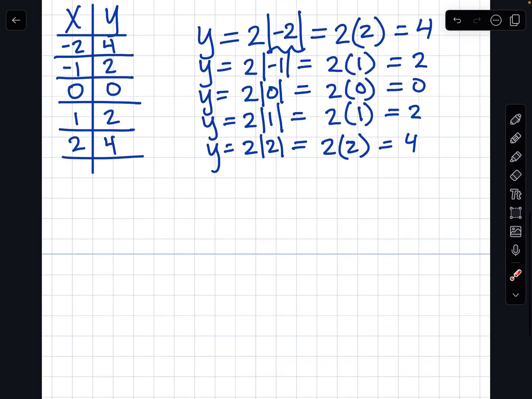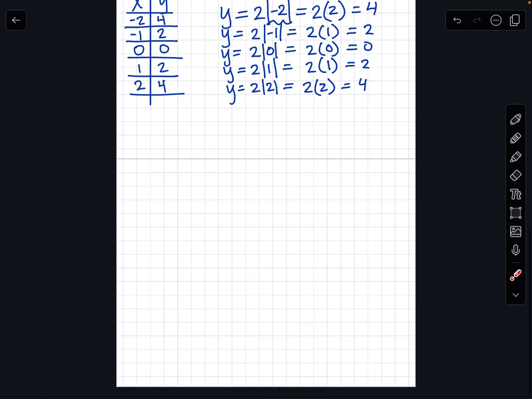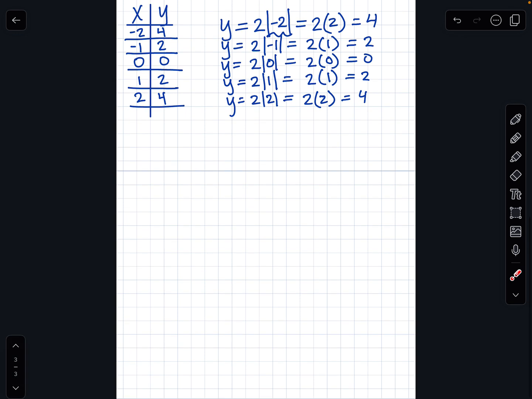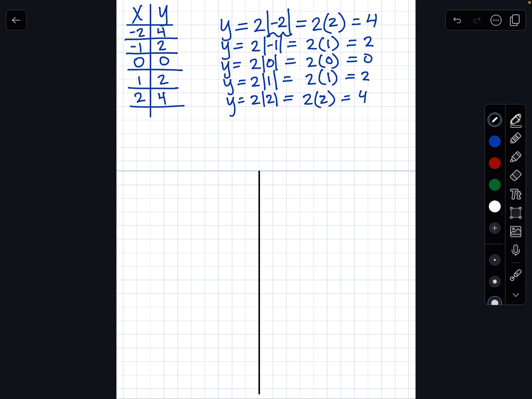All right? So, we're going to go down here. I'm going to try to zoom out so you can still see those numbers. Again, you don't have to make your graph take up your whole page. I'm just doing that so you can see. And then we're going to plot those ordered pairs.